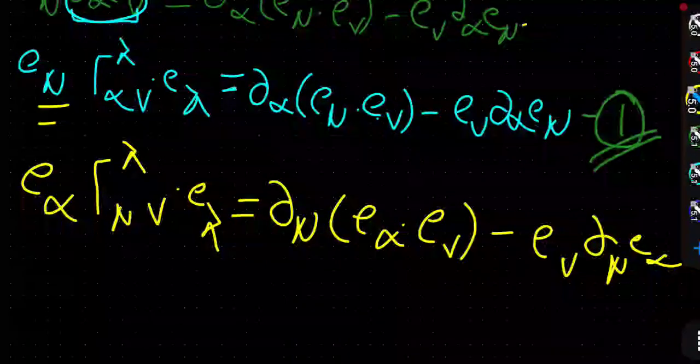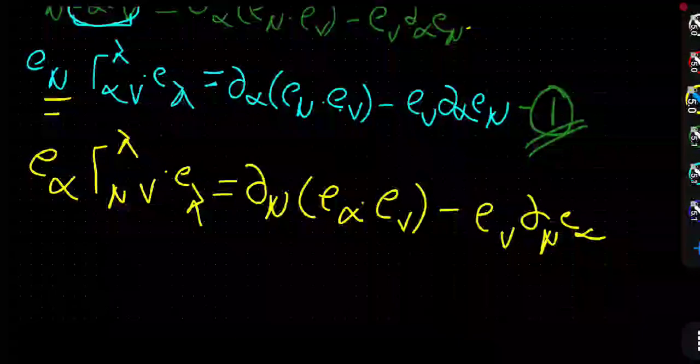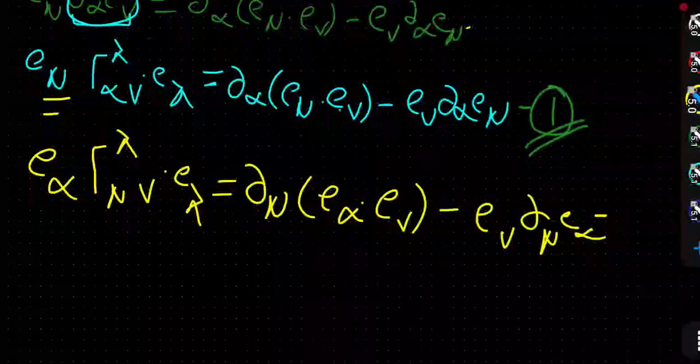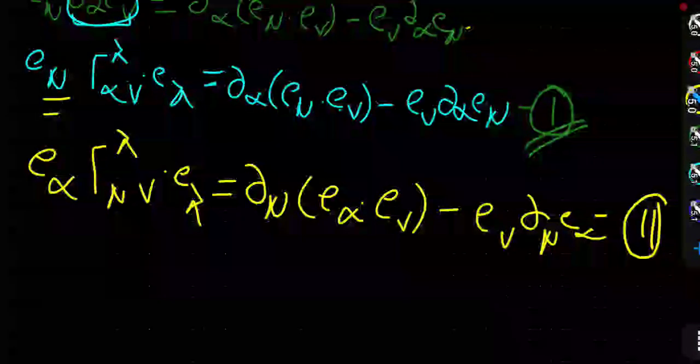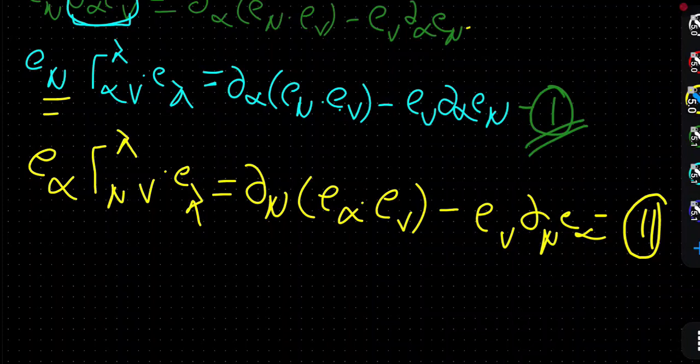Let me see if this is correct. Yes, here I've defined alpha, then here of course it should be e mu. Okay, so this is the correct expression, and this is our second equation, and this is also very important. These are our base equations that we are going to use and manipulate, and let's see what will happen.